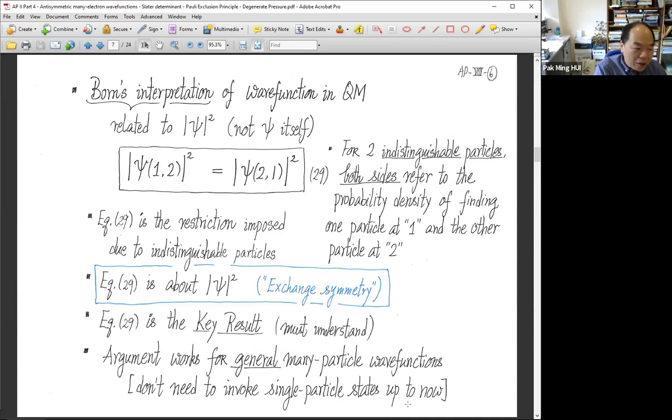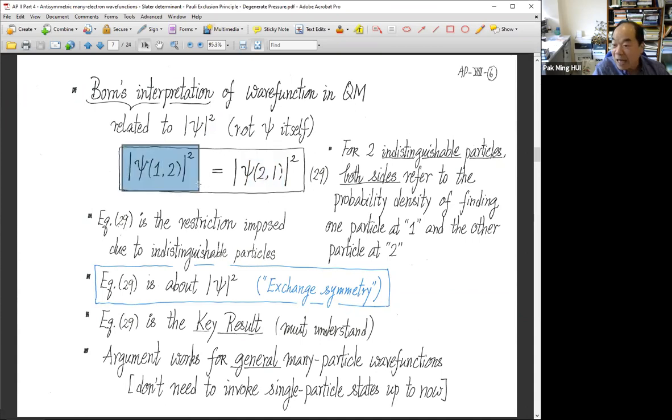Then what will be the requirement? Wave function itself does not carry the interpretation in quantum mechanics. According to the Born interpretation of the wave function, it is the wave function square that gives us the probability distribution. Therefore, the physical requirement will be phi(R1, R2) and phi(R2, R1), they are related in the following way.